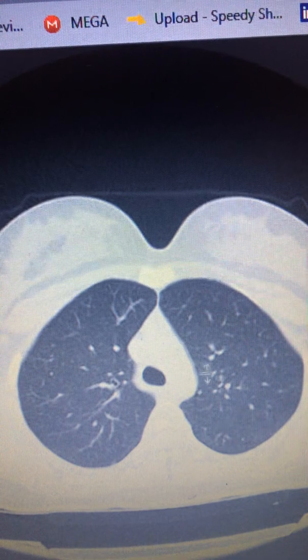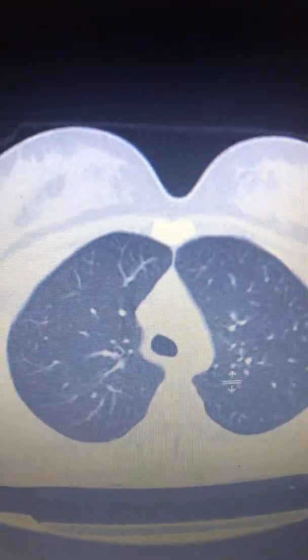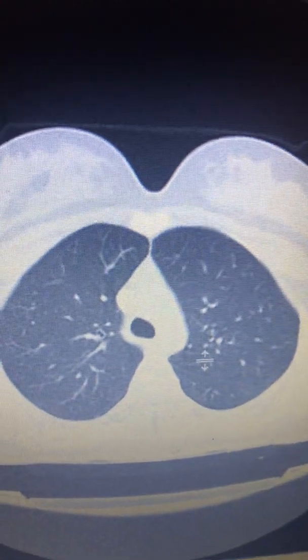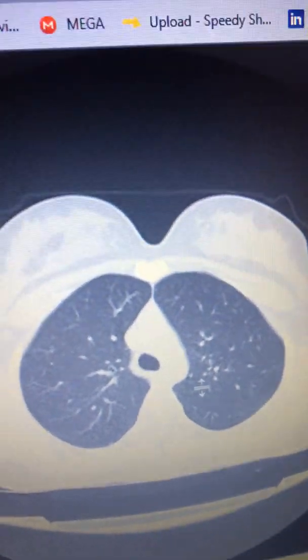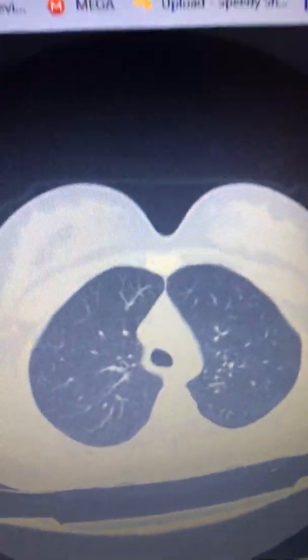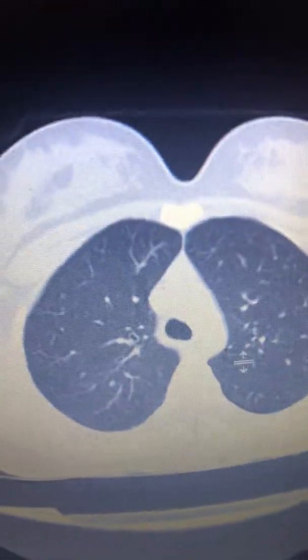The air that can be seen, because this is the lung window, it's called the lung window when evaluating a tomography. This tone is called the lung tone.